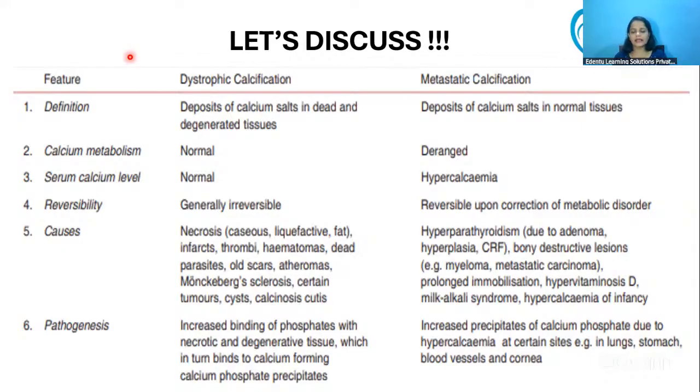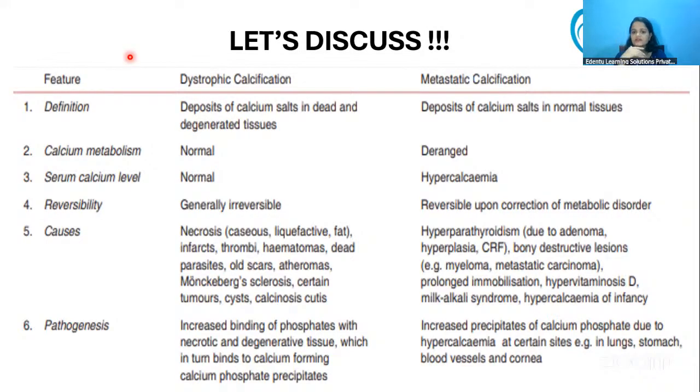Okay, where else, in which situations will you see dystrophic calcification? It is seen in some kind of necrosis, like caseous necrosis, liquefactive necrosis or fat necrosis. You will see dystrophic calcification in calcinosis cutis, in atheromas, and in hematomas also.